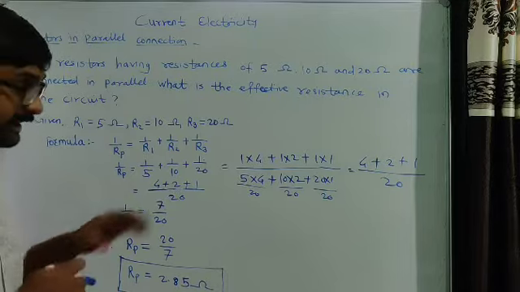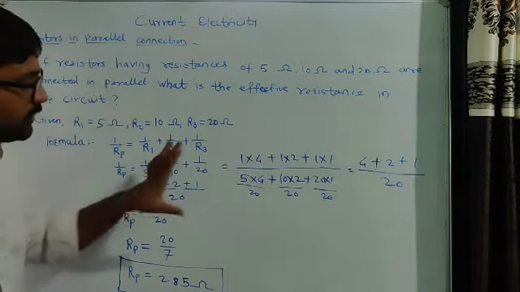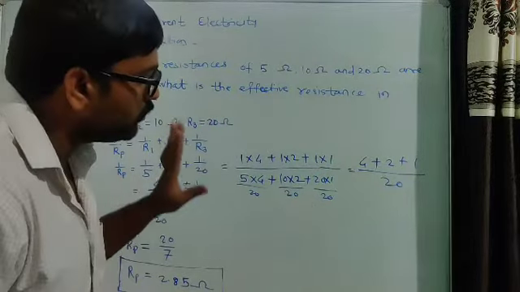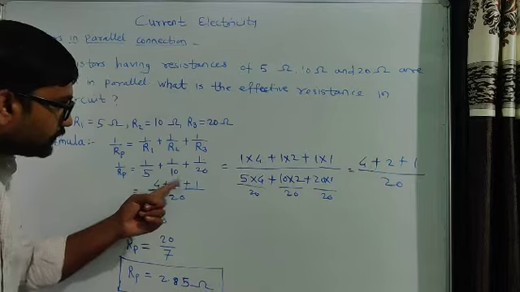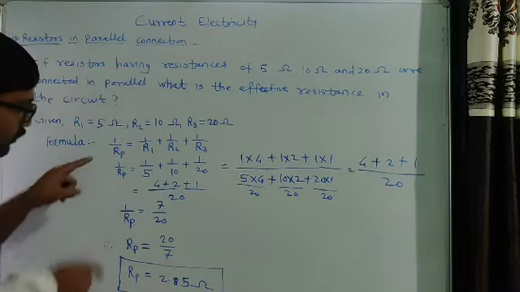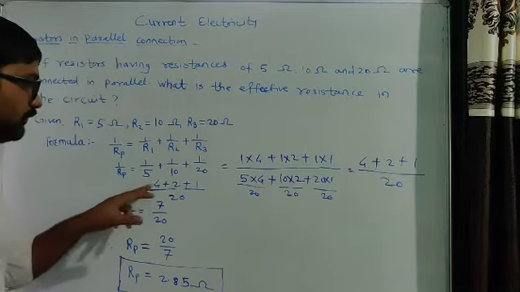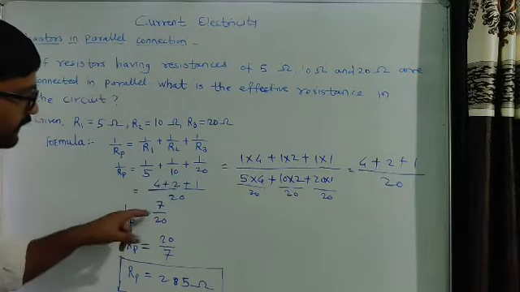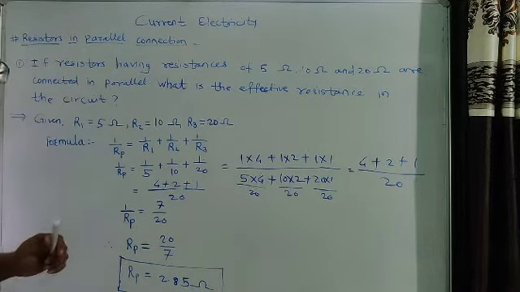This is the important step in this problem; otherwise the problem is very easy. So the next step is 4 plus 2 plus 1 divided by 20, so 1 by Rp will be equal to 7 by 20. 4 plus 2 is 6, plus 1 is 7.